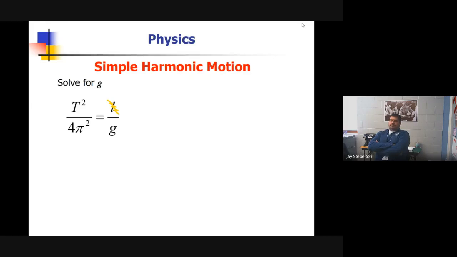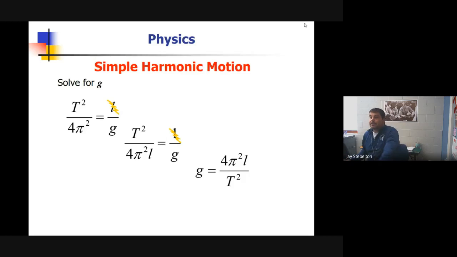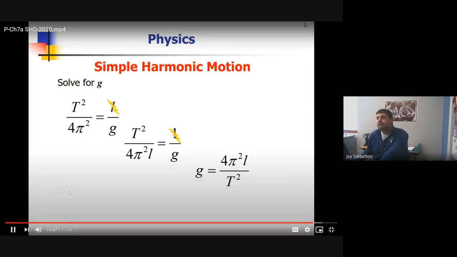Oh, careful. This is going to give you T squared over 4 pi squared L is equal to 1 over g. To get rid of that 1 over g, I invert both sides. And the acceleration of gravity is 4 pi squared L over T squared.